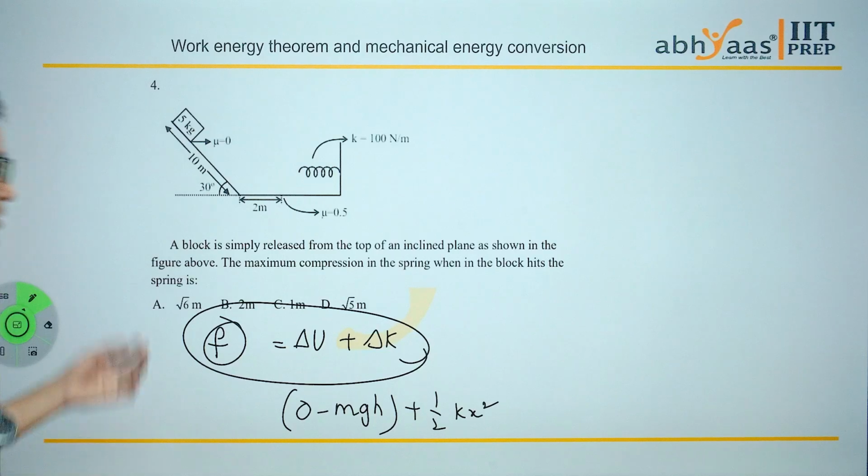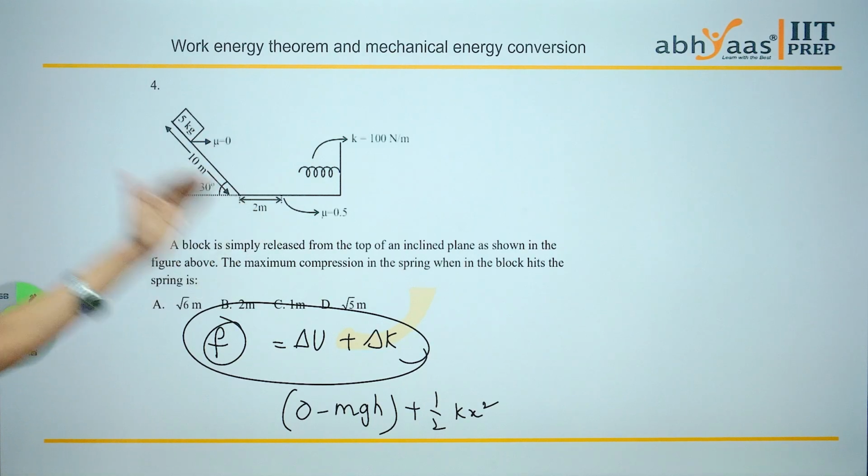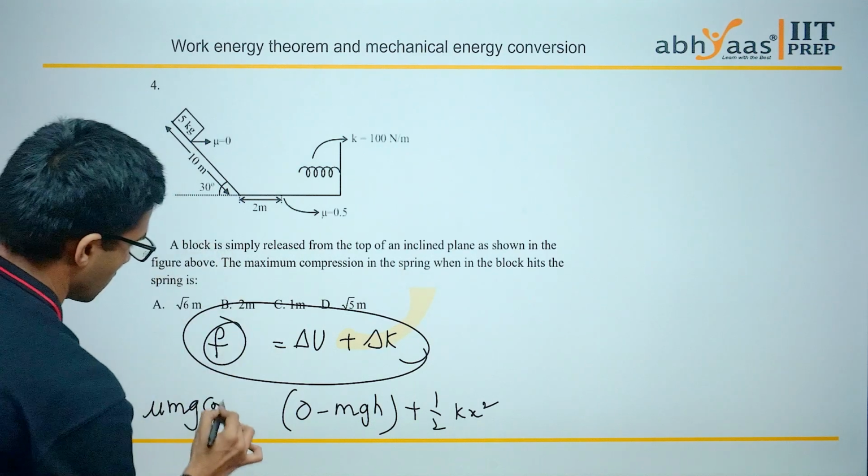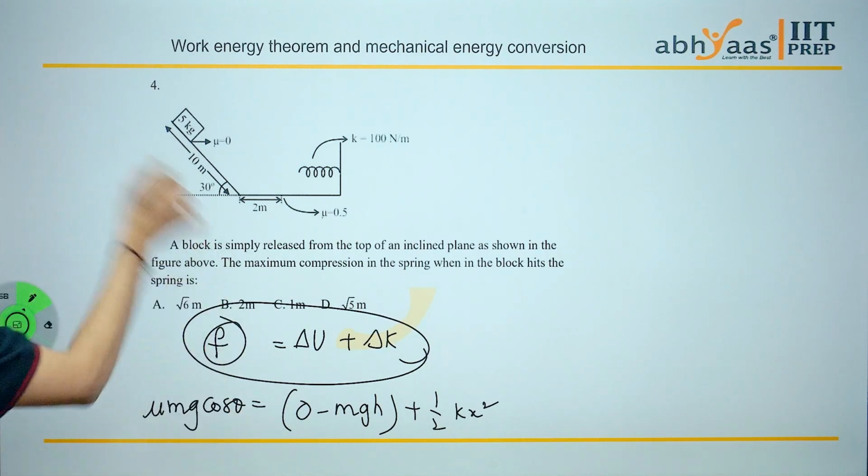Here, how do you take the frictional force? It is coming like this. You can take mu mg cos theta, cos 30. The frictional force is like this.